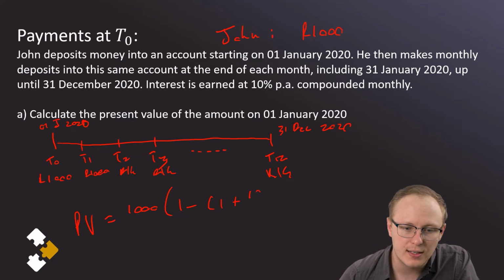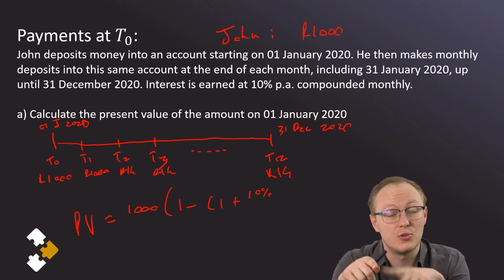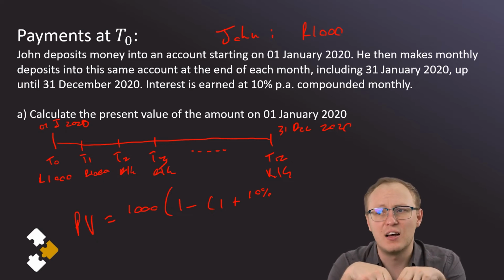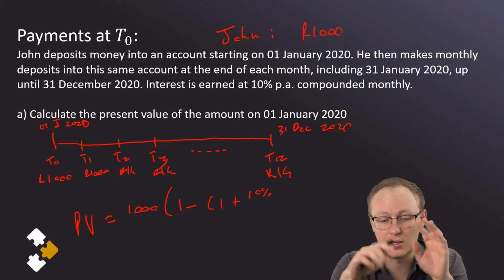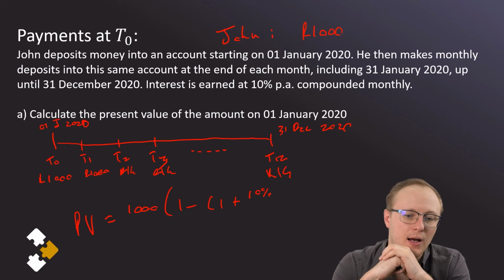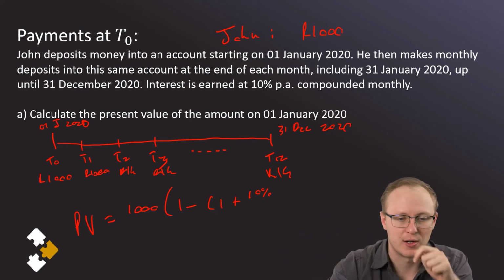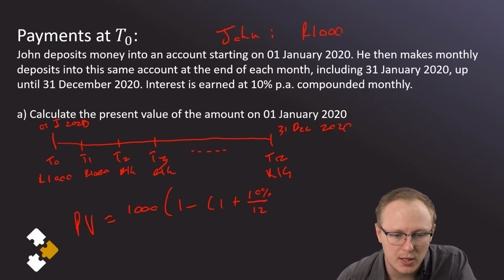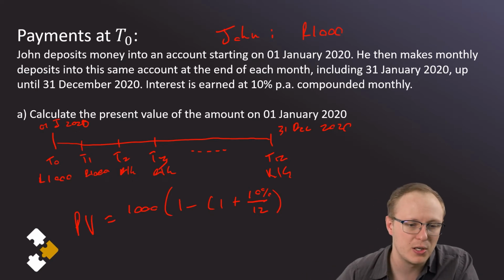So we've got to take that 10%, and remember, when you put in this 10%, you've got to use the percentage button on your calculator, otherwise your calculator doesn't know that you mean percent, and you're going to get a weird, wacky answer. So use the percentage, or just write it as a decimal, 0,1. Whatever you prefer, I'm going to do the percent. So 10% over 12 to the power of negative n. Now here we've got to count how many periods we have.